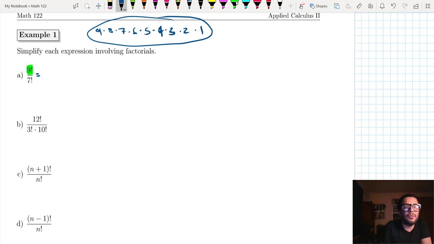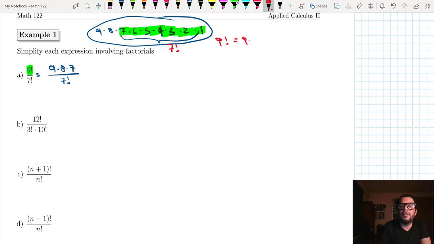I'm going to do the following: 9 times 8 times 7, and I'm going to stop at the number that is the same as the one that I want to simplify. Keep in mind that this, which I'm highlighting, 7, 6, 5, 4, 3, 2, 1, is the same as saying 7 factorial. So really 9 factorial is the same as 9 times 8 times 7 factorial.